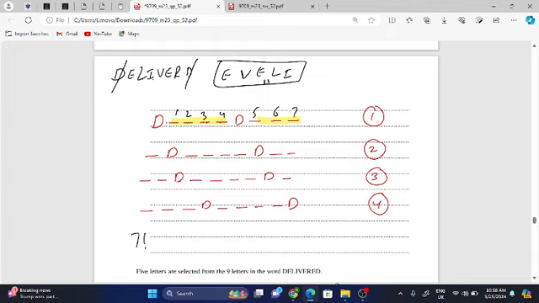Same for that, 1, 2, 3, 4, 5, 6, 7. 7 options are there for that letter. Similarly for that, 1, 2, 3, 4, 5, 6, 7, and same for that, 1, 2, 3, 4, 5, 6, 7.